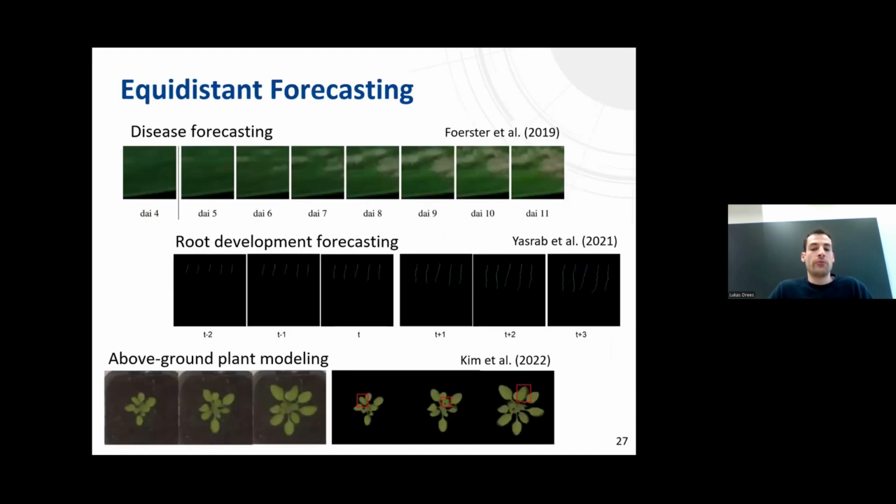And there's also some related work to this, for example, to forecast the spread of a disease based on a time series of affected plant leaves, or to forecast in the middle the development of a plant root system, or to even model the above ground plant phenotype.